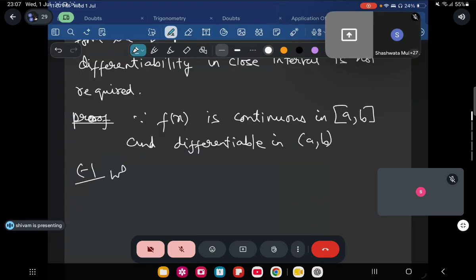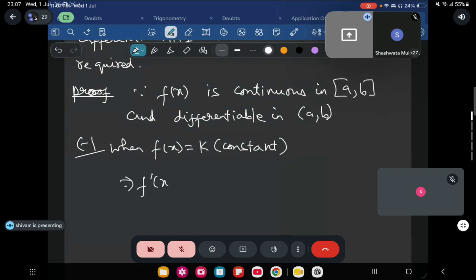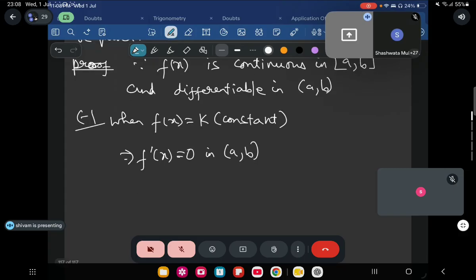Case one, when f of x is a constant function, f of x equal to k. So this implies f dash x is equal to 0 only, right everyone? In (a, b). So the first case is very trivial, it will always happen.